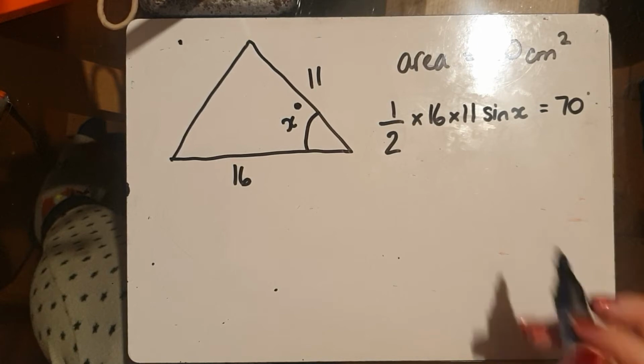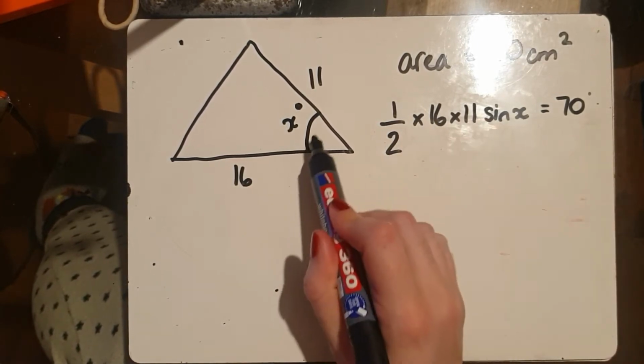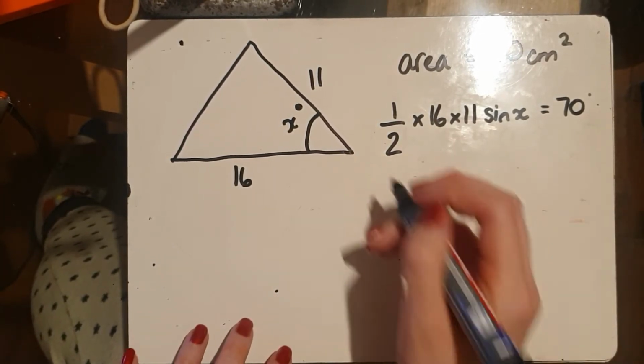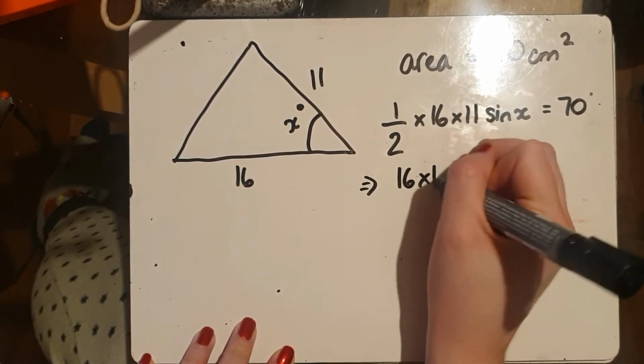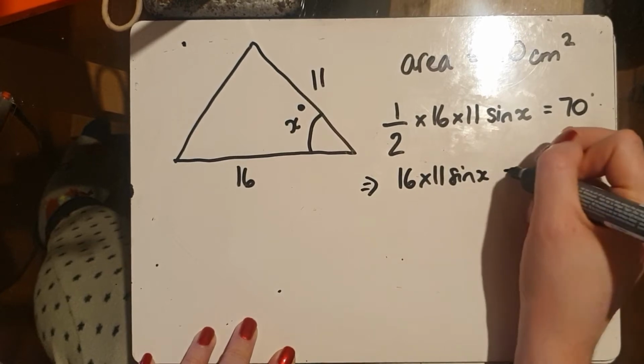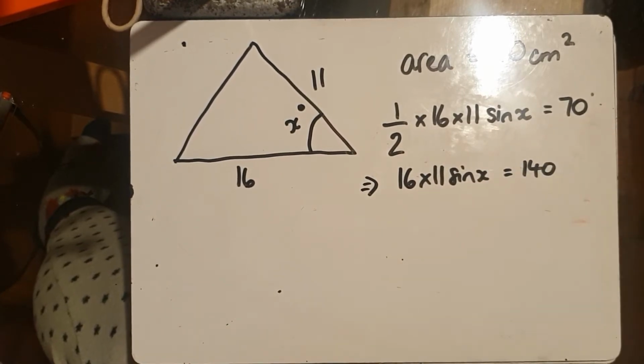So I know that half times 16 times 11 sine x is going to be 70, which tells me that 16 times 11 sine x is going to be 140.